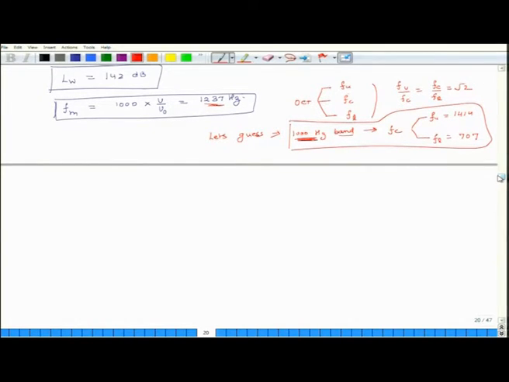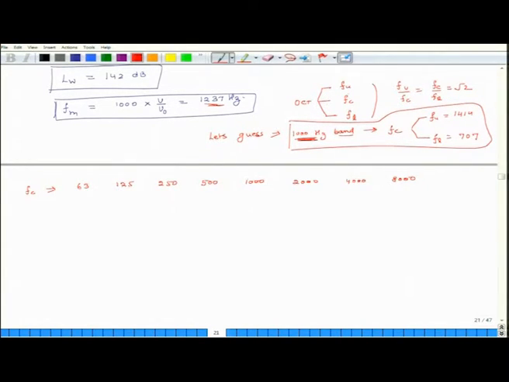So, now based on this understanding, we can assign the value of F3 to all the industry standard octave bands. So, FC, what are the industry standard octave bands? 63, 125, 250, 500, 1000, 2000, 4000, 8000.